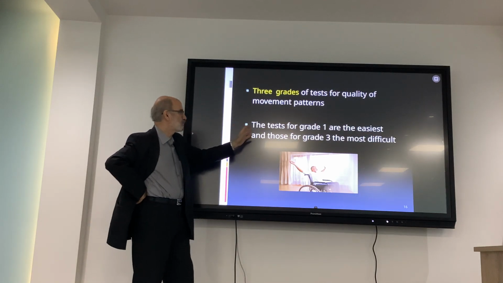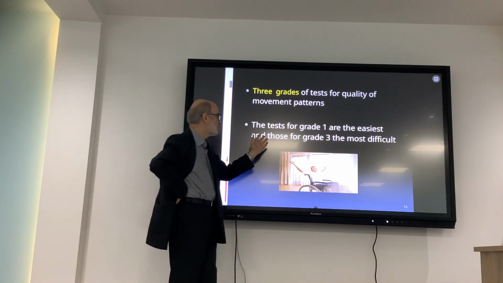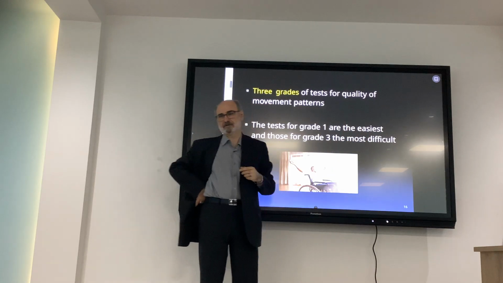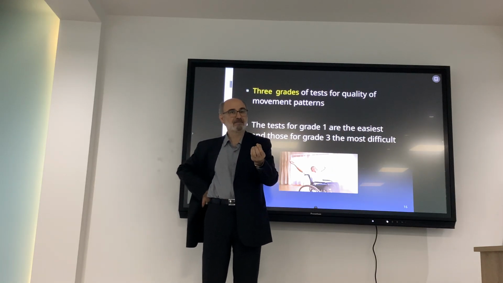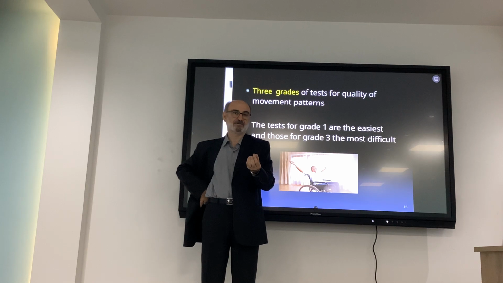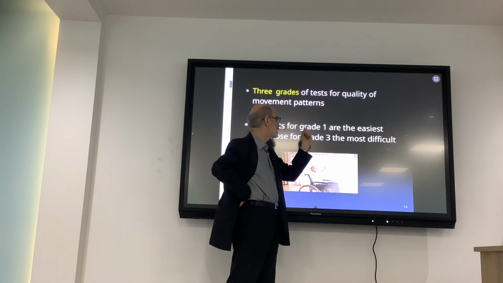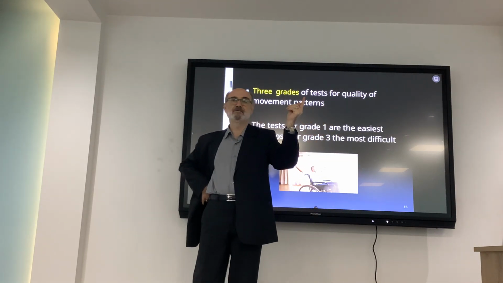The tests for grade 1 are the easiest ones, but those for grade 3 are the most difficult ones. But it's interesting that most people with a stroke cannot even do the grade 1 movement patterns.